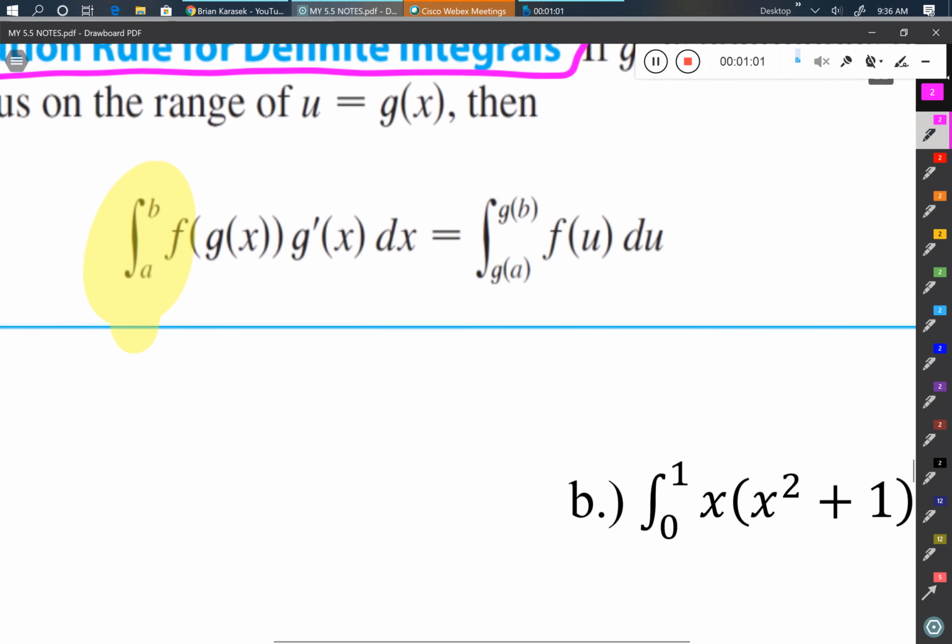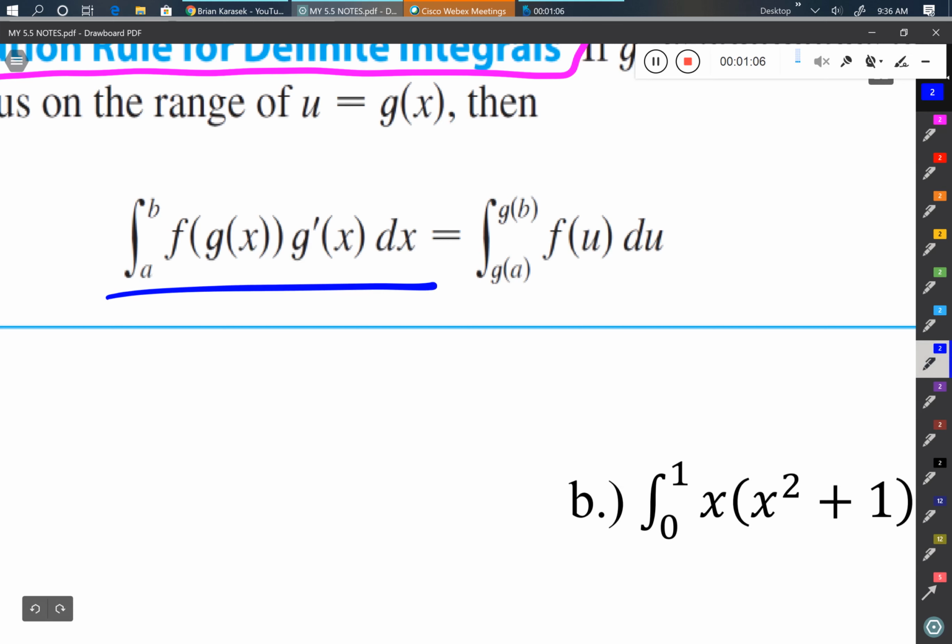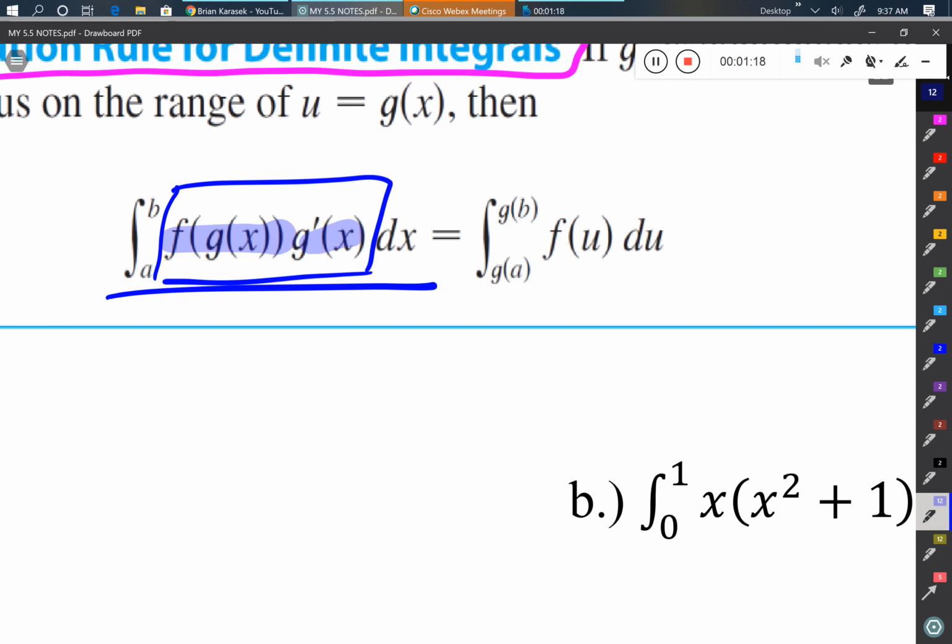Basically what we're going to say here is that if we are handed an integral to perform and we recognize that the integrand fits the form for substitution, that is, it contains a composite function and the derivative of the inside piece of that composite function, then we are going to use substitution on the integrand.